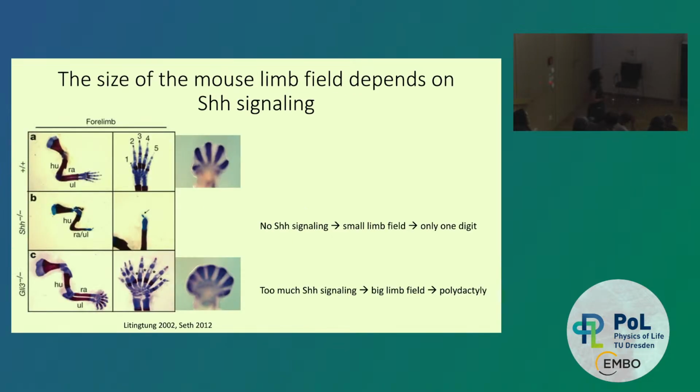And indeed, if you remove Sonic Hedgehog in a mouse limb, you are missing digits. And if you overactivate Sonic Hedgehog by knocking out Gli3, the Gli3 repressor, you generate a bigger field of the limb bud, and you generate more digits, corresponding with this idea that the size of the field, with a certain periodicity of digit progenitor cells, will then determine the digit number.